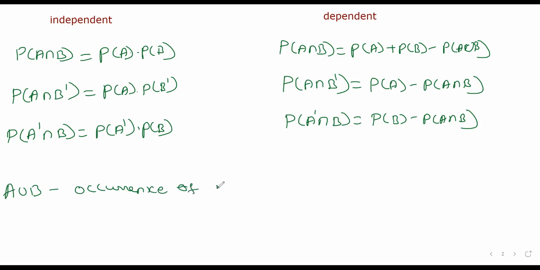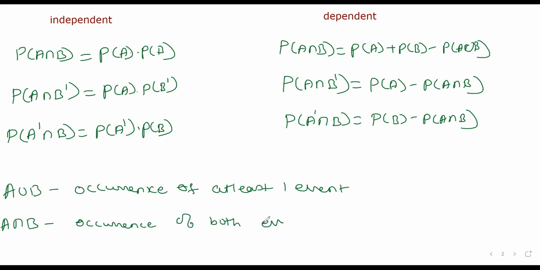ए यूनियन बी का मतलब क्या है? ऑकरेंस ऑफ एटलीस्ट वन इवेंट. A intersection B, of both events.